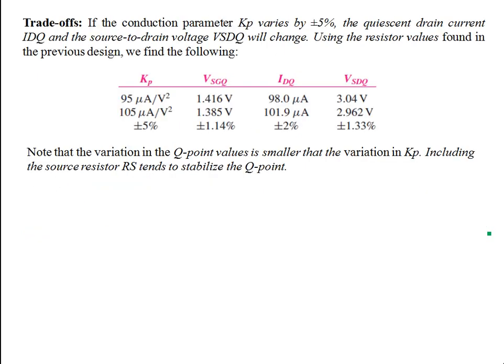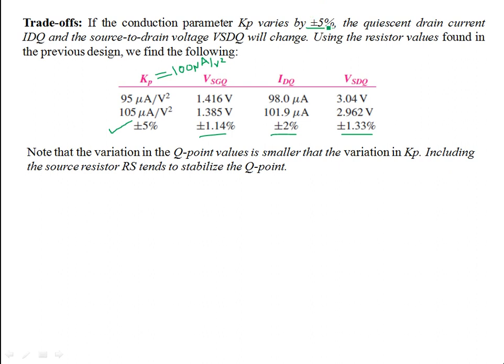If you recall in this table, Kp for example was for PMOS, and you had this Kp parameter which was about 100 microamps per volt square in the example, and it has a variation of plus minus 5%. What we saw was that with plus minus 5% variation, the variation in VGSQ, IDQ, and VDSQ was less than 5%.